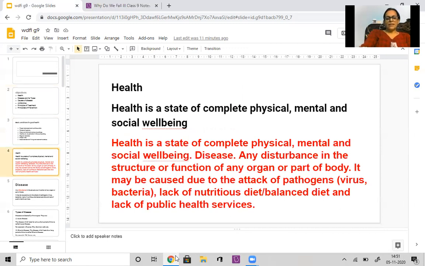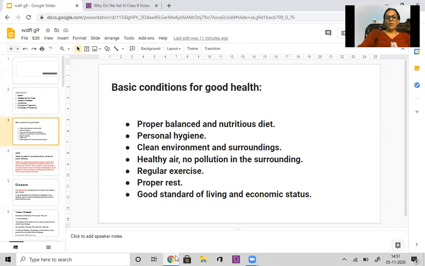So how can we be healthy, right? What are the basic conditions for good health, health कैसे हमारी अच्छी होगी? How can we say that a person or people are healthy? That means good health. So what are the conditions for that?